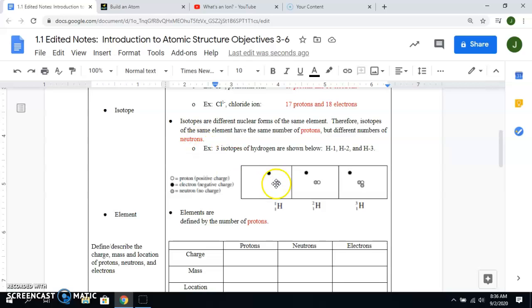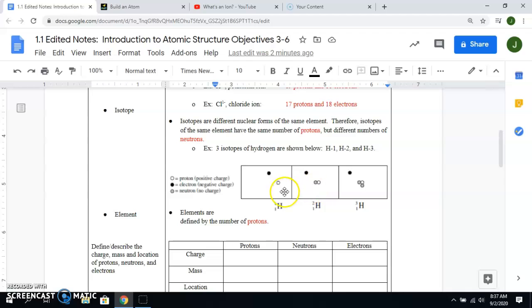So again, see how each of these hydrogen isotopes has the same number of protons, 1, 1, 1, but different numbers of neutrons, 0, 1, and 2. Now remember, the mass of an atom, ion, or isotope comes primarily from the particles that are in the nucleus, which is right here.